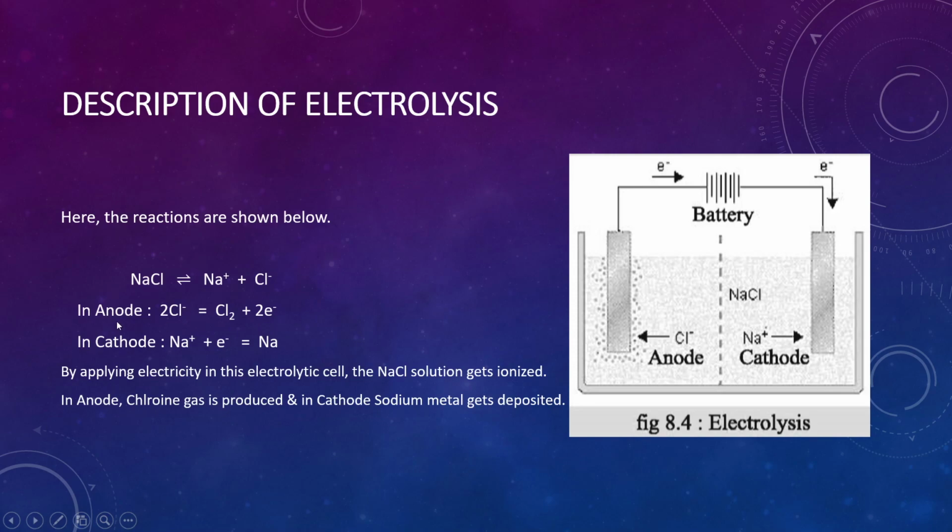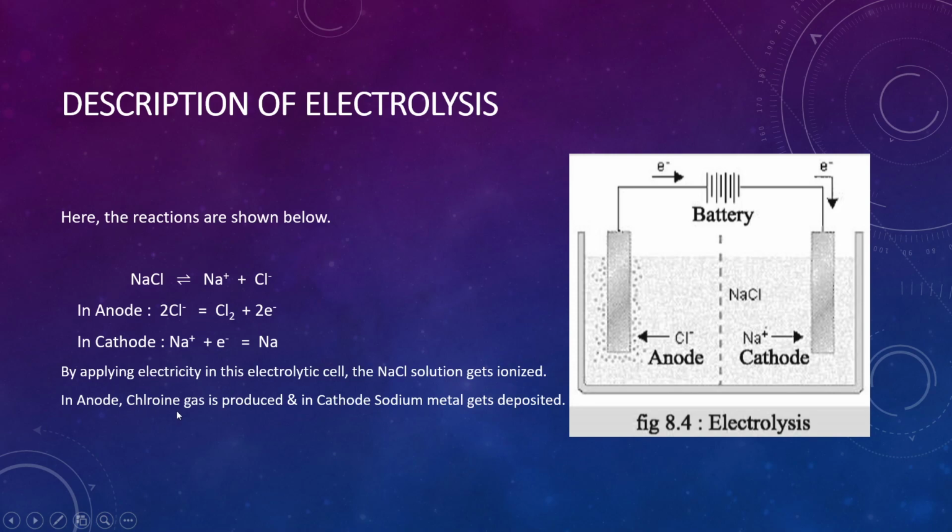This is the reaction at the anode. And at the cathode, the sodium ion will get attracted because this cathode is negatively charged. So the positive sodium ion will come and accept an electron, and it will produce sodium metal at the cathode. It will get deposited on the cathode. So by applying electricity in this electrolytic cell, the sodium chloride solution gets ionized.